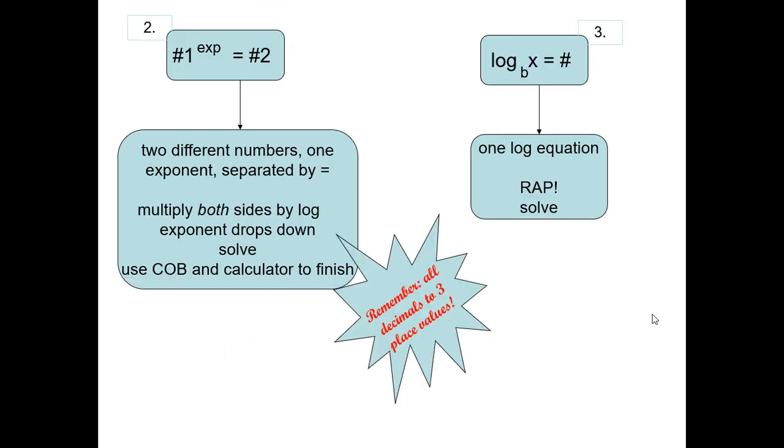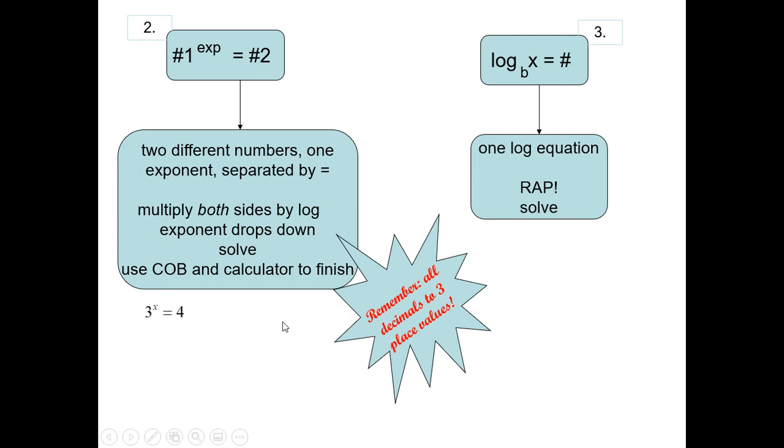All right, second example here. If I have some number to an exponent equal to some other number, two different numbers, with one exponent separated by an equal sign, take the log of both sides. The log exponent then drops down, and we can solve using change of base and a calculator to finish. So what does that look like?